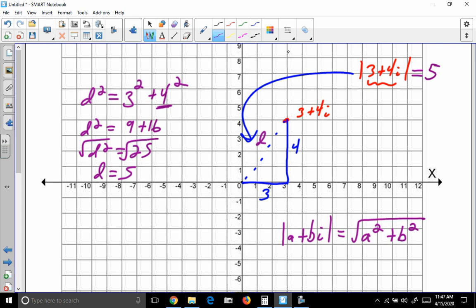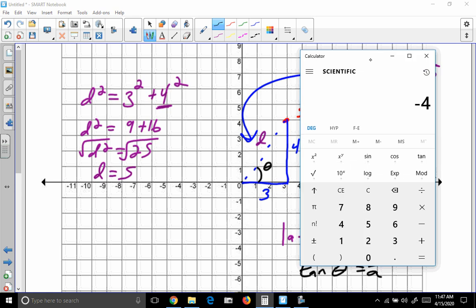Another thing that we might need to know is the angle, the direction of that complex number. If we want to find theta, we have 4, the imaginary part, opposite of theta, and 3, the real part, adjacent, so opposite over adjacent is tangent. Generically, tangent theta is the imaginary part over the real part.